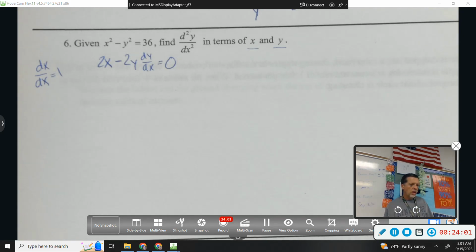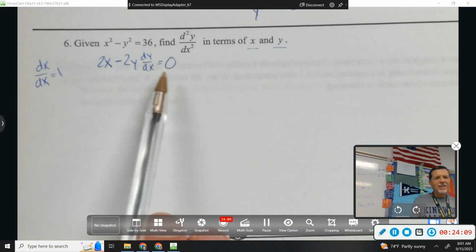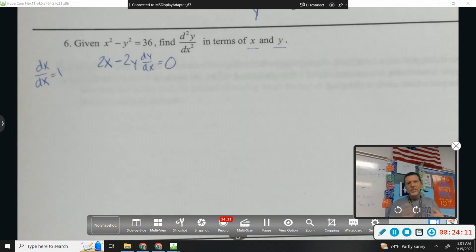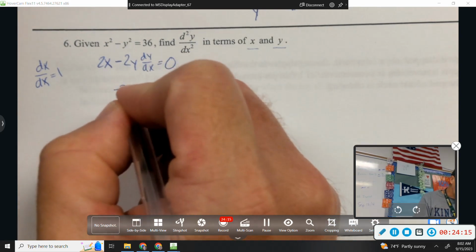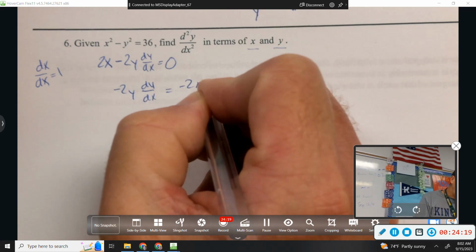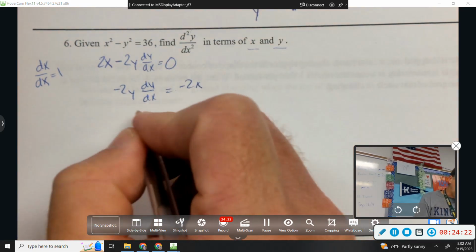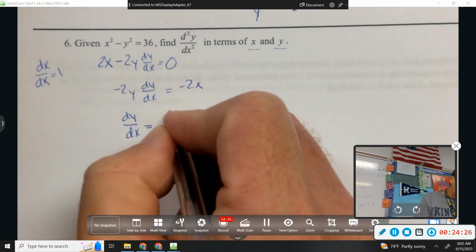All right, well, I need a second derivative. And you could do it here, but let's find dy dx first, and then take the second derivative off of that. So I'm going to move the 2x over. -2x, and then I'll divide by -2y and get dy dx equals x over y.